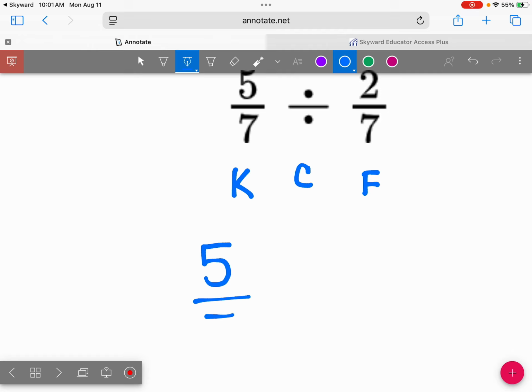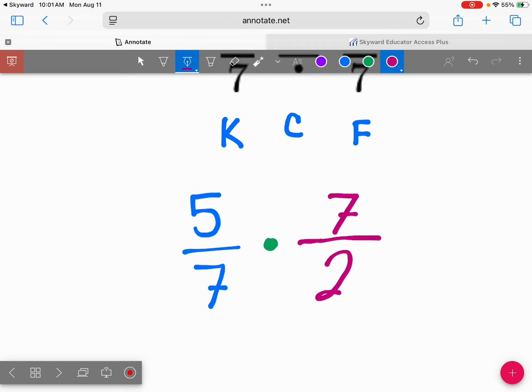We're going to have our 5/7. That's what we mean by keep. We change the sign from division to multiplication, and then we flip the second fraction. So instead of my 7 being in my denominator, it's going to be my numerator. And then we have our 2 as our denominator. So we flip it, we make it be a reciprocal.